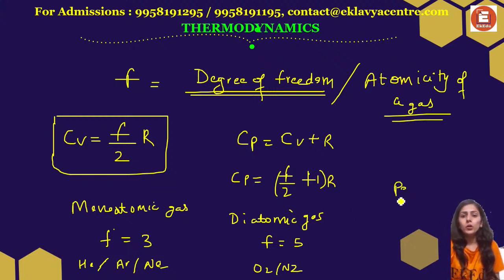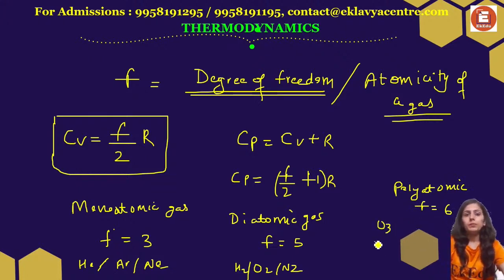For polyatomic gases, where the atoms are more than 2, like ozone O3, the value of F, the degree of freedom, is 6. These are all experimental data.